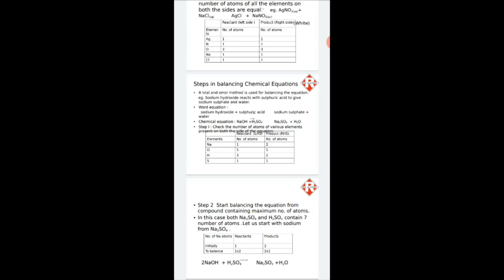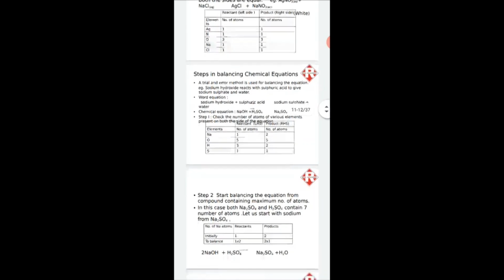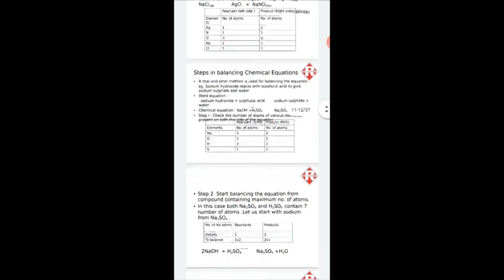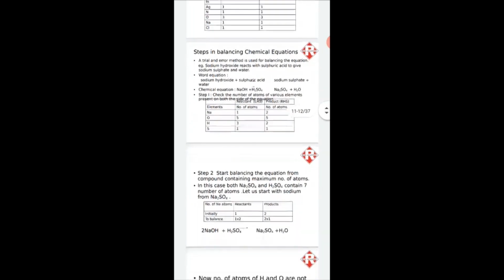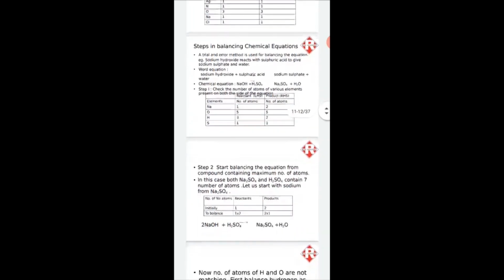Now what equation do we write here? Sodium hydroxide plus sulfuric acid gives sodium sulfate plus water. In chemical equation form we write NaOH plus H2SO4 gives Na2SO4, sodium sulfate, plus H2O, water.